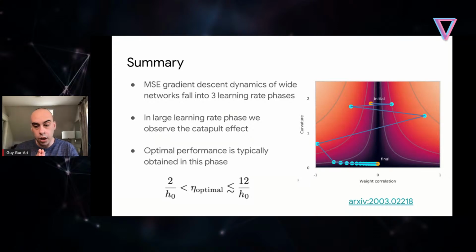Then we have a sharp transition at this critical learning rate 2/h, which we can compute separately for every network. We have a sharp transition to the large learning rate regime where we observe the catapult effect. The loss goes up very dramatically and then goes down. And we've seen why this happens, at least in a toy model that captures these effects.